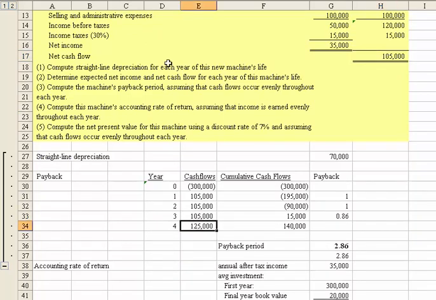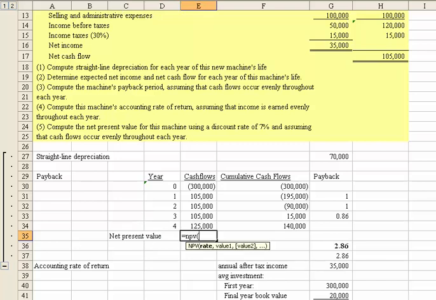And in the last year, we needed to add $20,000 to it, representing the residual value that we think we're going to get when we dispose of the equipment. Okay, so if we know those are the cash flows, then for part 5, we can compute net present value. This one is relatively easy. We use the NPV function.